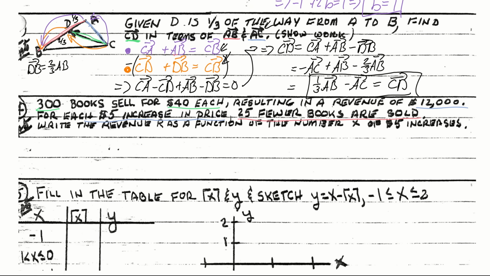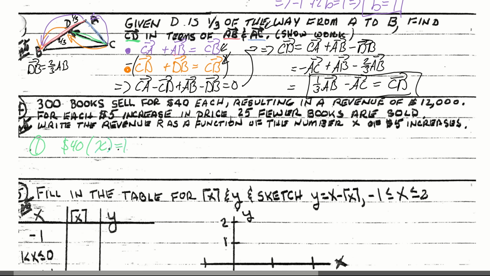So let's go ahead and write down our equations here. My colorful underlining wasn't that helpful, so let's just make one. $40 each, let's say, equals 1,200.